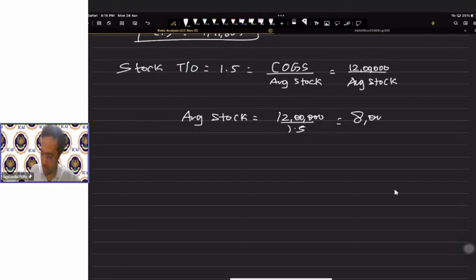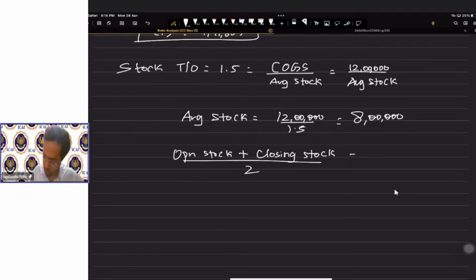And that's 8 lakh. Now we know average stock is opening stock plus closing stock divided by 2, which is equal to 8 lakh.